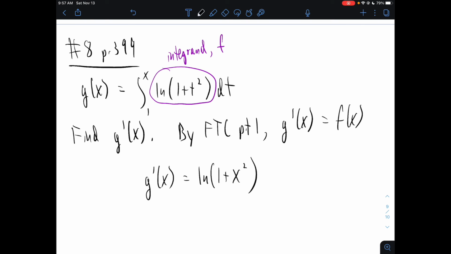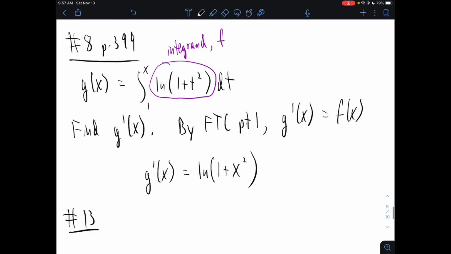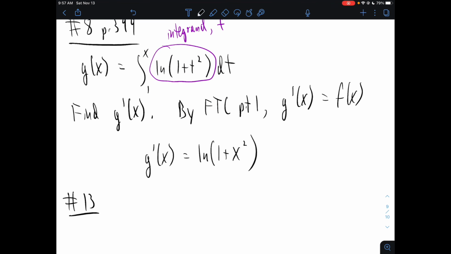Now another example that's definitely important to look at related to this same theorem is number 13. This time what we're given is h of x equal to the integral from 1 to e to the x of the natural log of t dt.